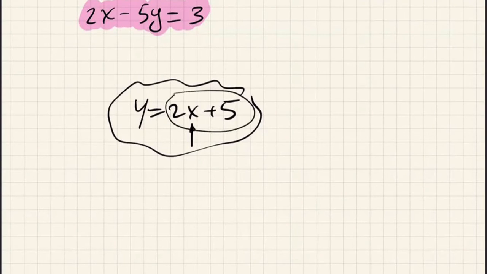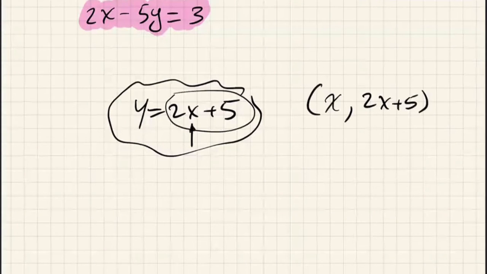So any point on the straight line y equals 2x plus 5 satisfies this. If I have x, I substitute x here and get the value of y.